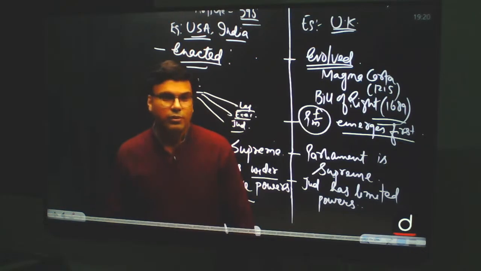From the written constitution, because in the written constitution, the judiciary has a power to judicially review a law passed by the parliament, an action taken by the executive.